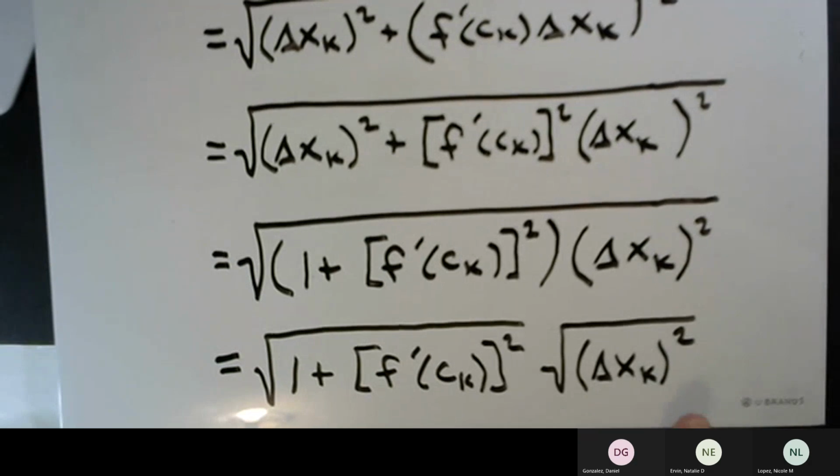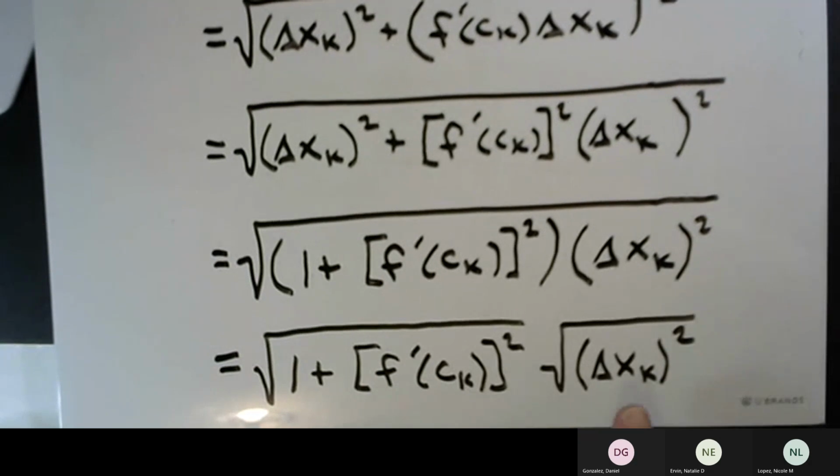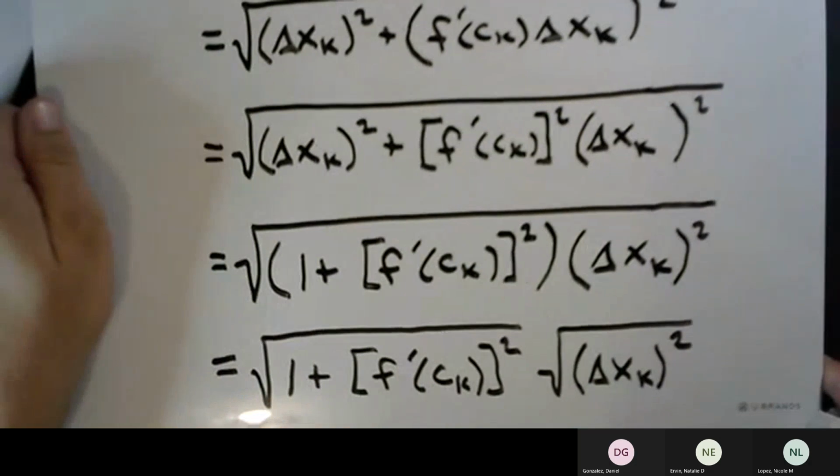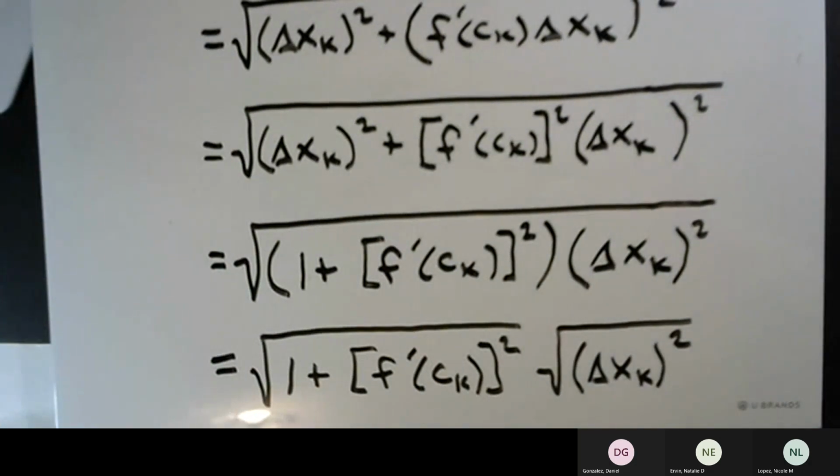So we're going to have the square root of something squared, and delta xk is always going to be positive. So what this is going to do, it's going to help set us up ultimately for an integral. So any questions so far?